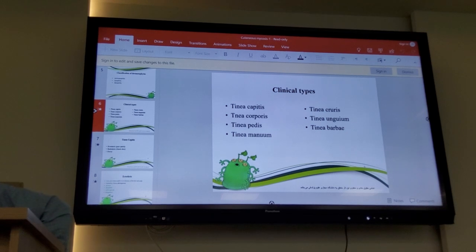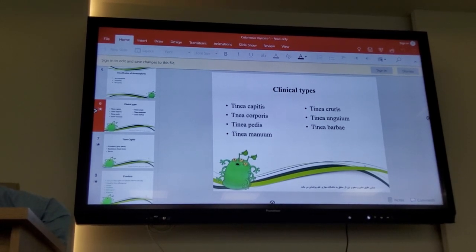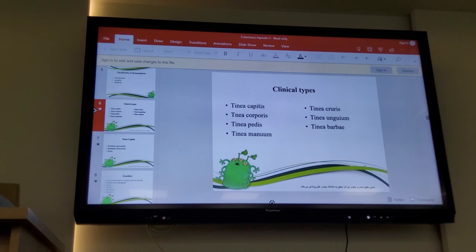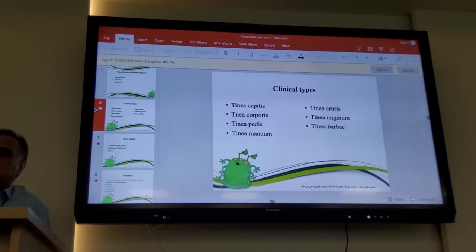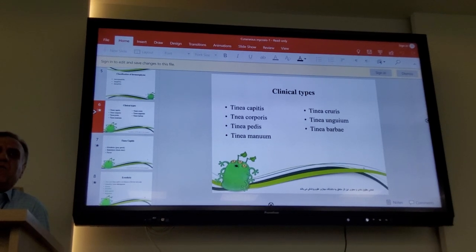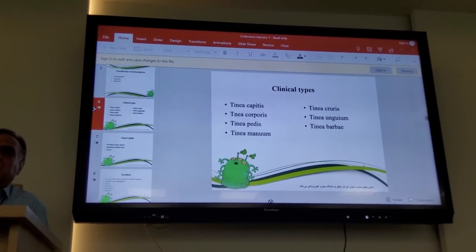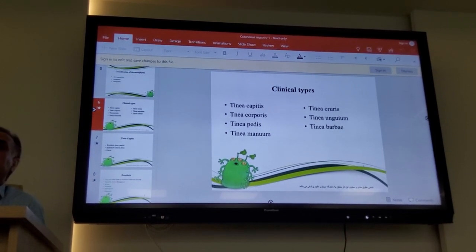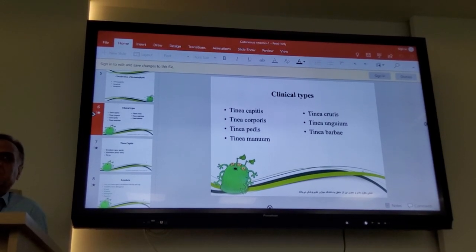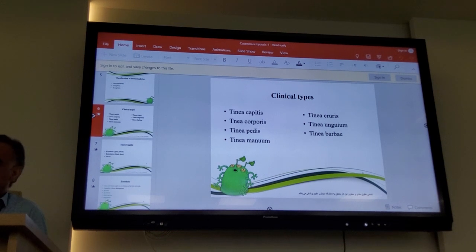Tinea unguium is in the nail. We have one term, onychomycosis, and I will explain it next. Do you know what onychomycosis means?